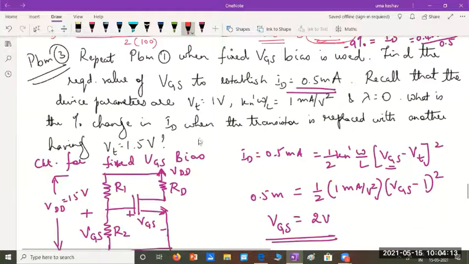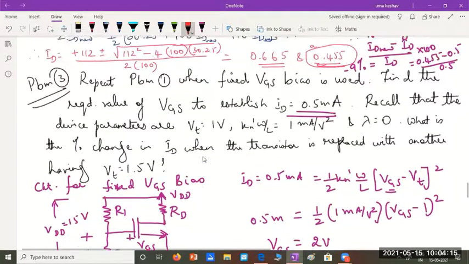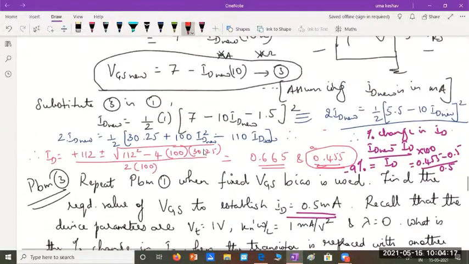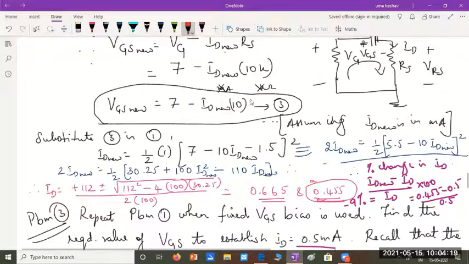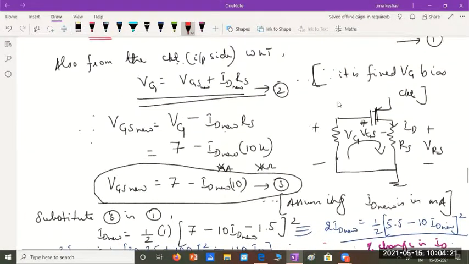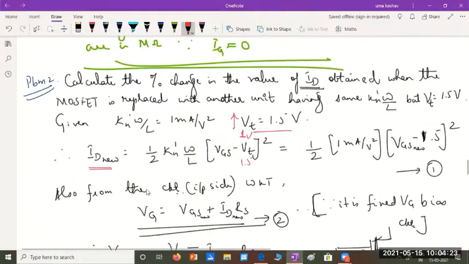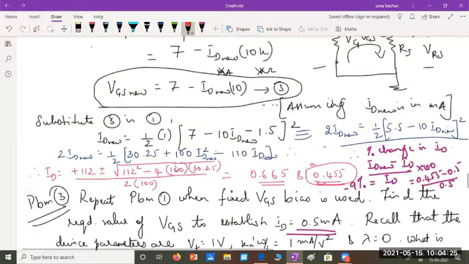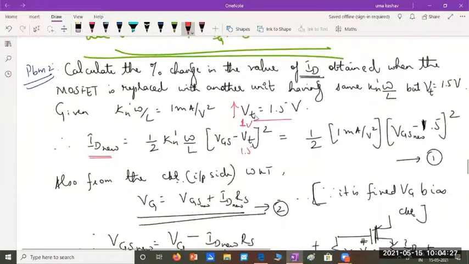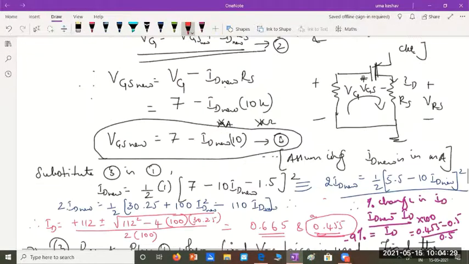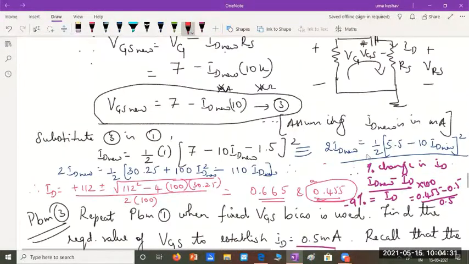And through this problem solutions, we proved that when I change the MOSFET in fixed VG bias, in this problem 2, when I change the device to have a different threshold voltage, the change in drain current would be only minus 9%.